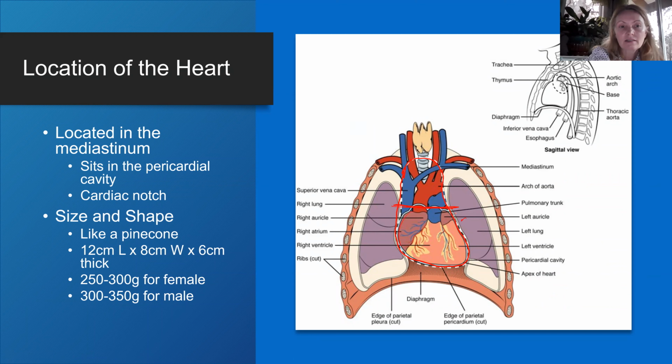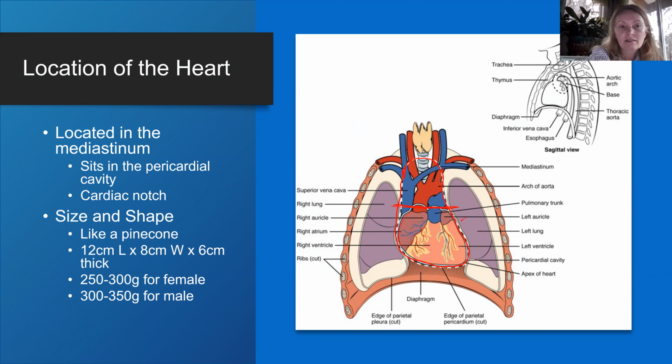Now, lateral to the heart are the lungs. We have the right lung, on the right side, and the left lung. The right lung has 3 lobes. The left lung has only 2 lobes, because the heart is located a little bit off midline towards the left.